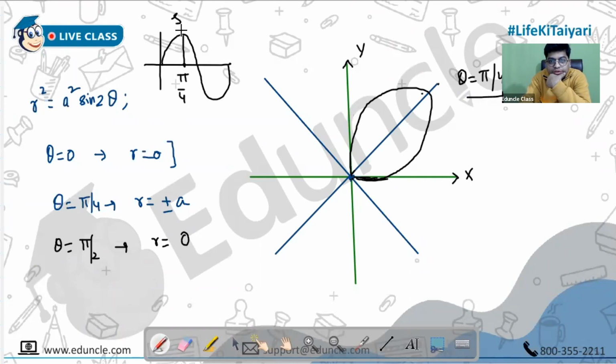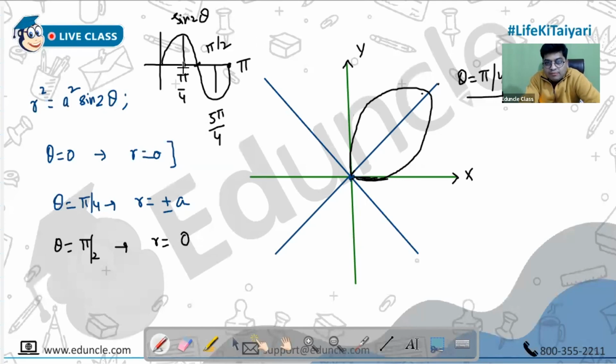This is the sine 2 theta graph. Yes, this is pi by 2, 3 pi by 2, 5 pi by 4.